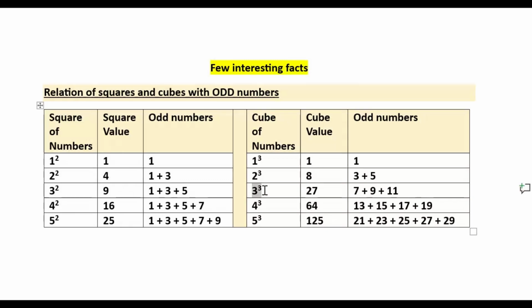The cube of 3 is the sum of three odd numbers, but not the first three. After 5, we take three odd numbers: 7, 9, 11. Similarly, the cube of 4 is four odd numbers after 11. So 13, 15, 17, and 19. And similarly, the cube of 5 is the sum of 5 odd numbers, but after 19. The 5 odd numbers are 21, 23, 25, 27, and 29.